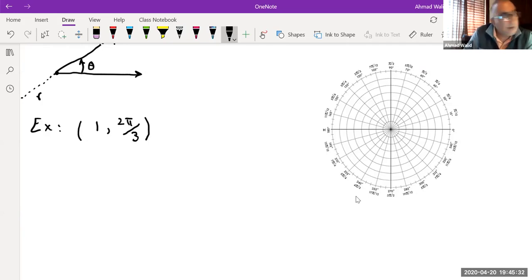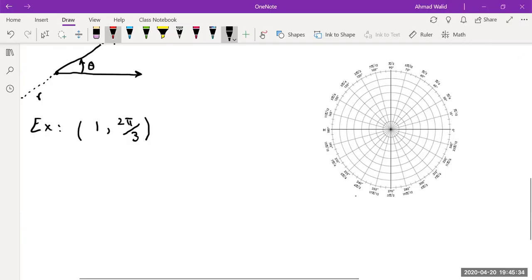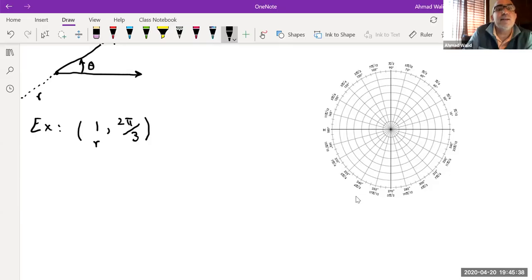What is 1? A number. R. 1 is always showing your what? Radius. You see, I put it like this: P, R, theta. Your coordinates are now R and theta. 1 is your R. 2 pi over 3 is your theta, right?